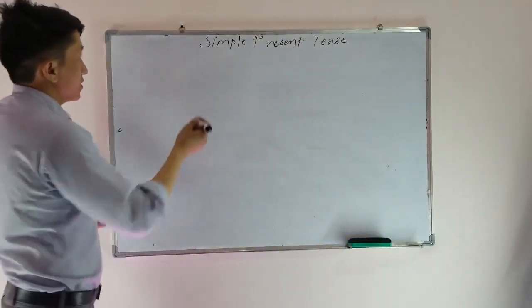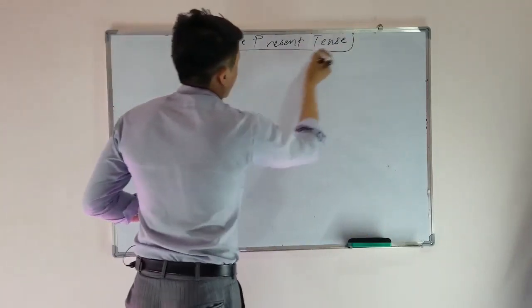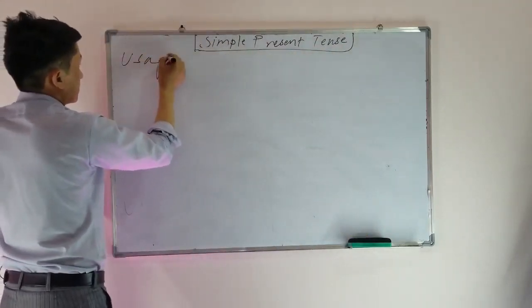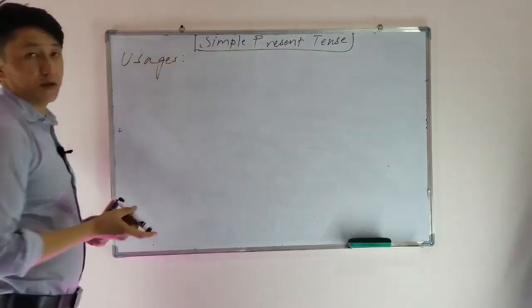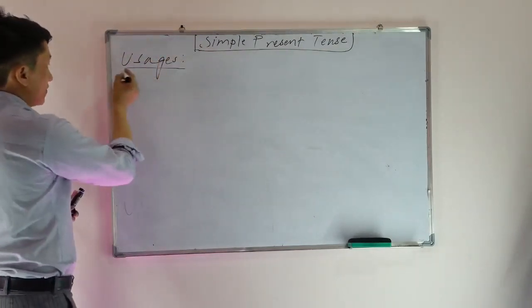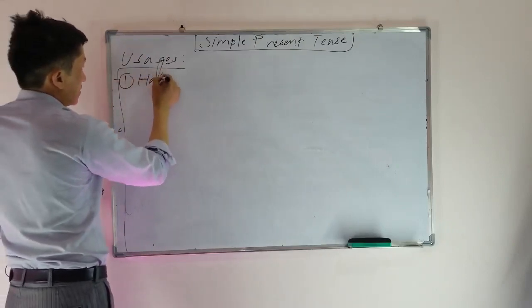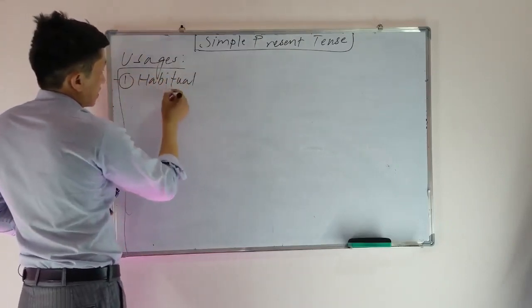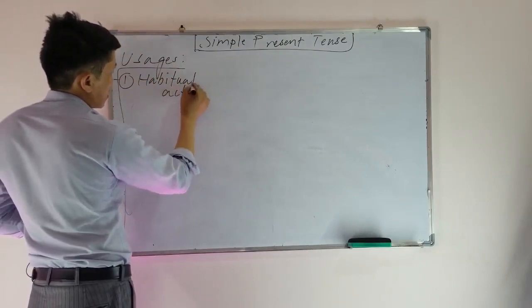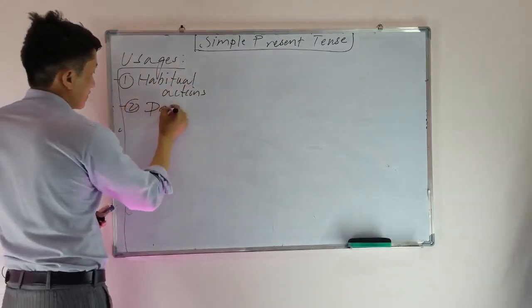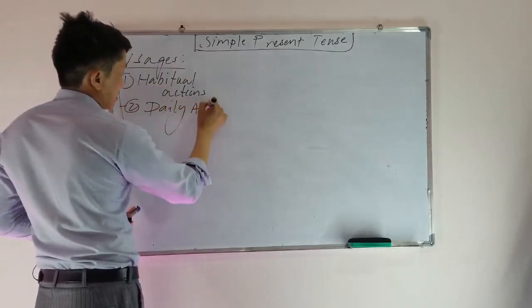Now let's discuss the usages of simple present tense. When do we use simple present tense? These are the usages. The first one, we use simple present tense for habitual actions. The second, we use it for daily activities.